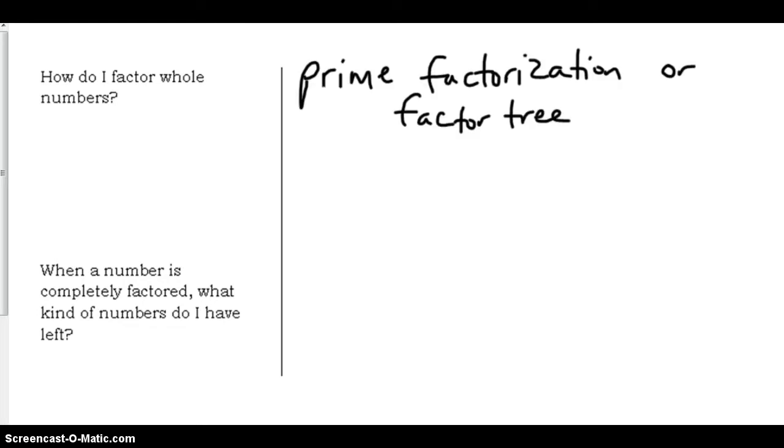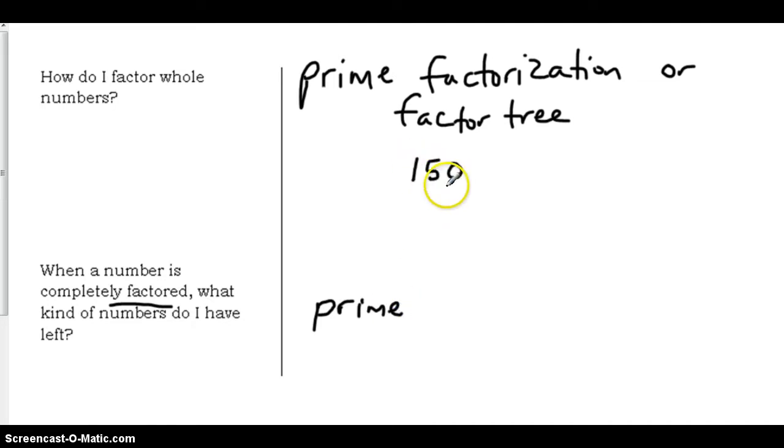And if you remember back when you were given a whole number, and let's use the example of maybe 150, you would try to break down all of the numbers in 150 until you got them completely factored to prime. So when a number is completely factored, we're going to have prime numbers.